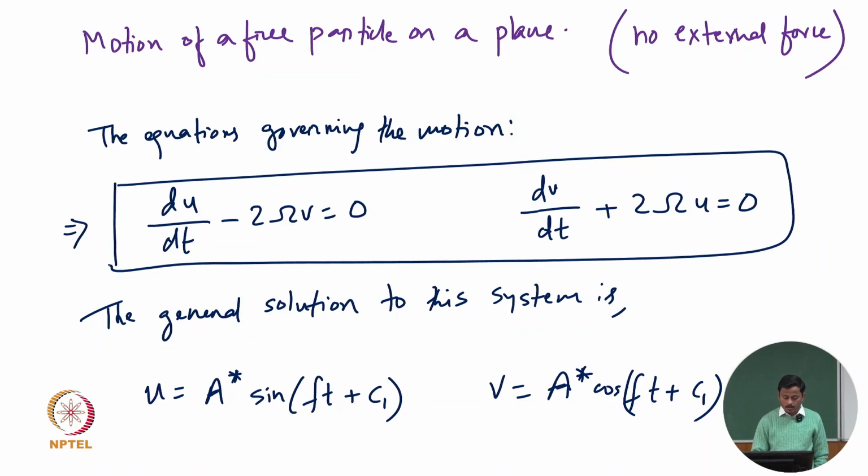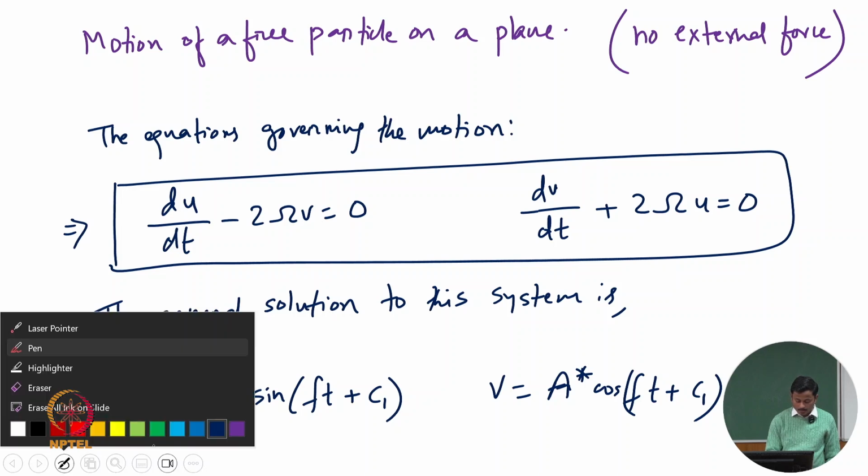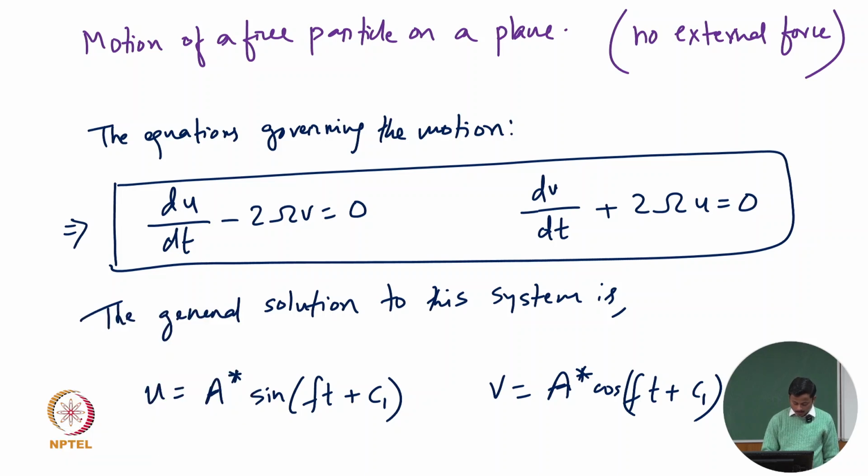The c1s are some constants, and f here is a parameter of interest. This is 2 omega. There's a reason why we do this. It has been called historically the Coriolis parameter.